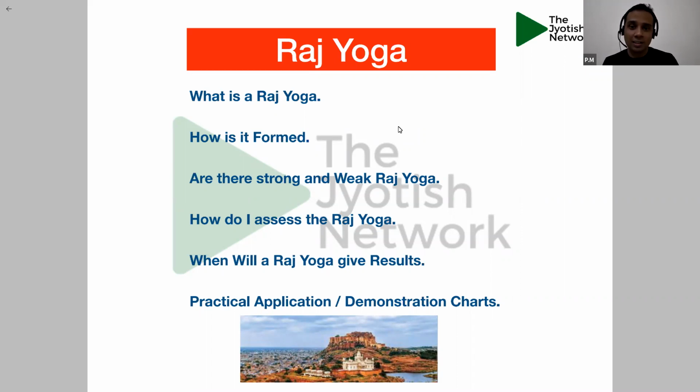But usually that doesn't pan out in real life. And that's because what we also do additionally in looking at these combinations is to see what is the underlying strength of the planets, to see if the Raj Yogas are going to give the result strongly or not. So that means we are introducing something called intensity of results, or how strongly results play out in different charts. KP, any thoughts on that?